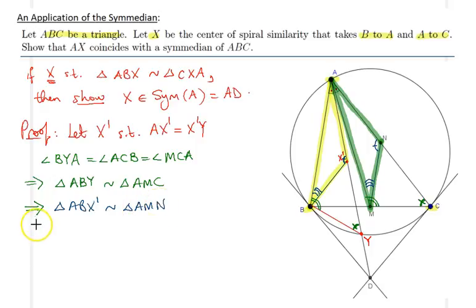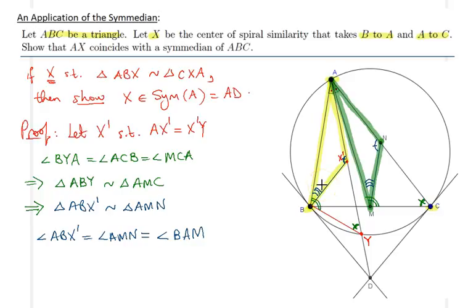And finally, observe the following. We can observe that angle ABX prime is equal to angle AMN by this similarity that we just claimed. And angle AMN is simply equal to angle BAM. And let's see if you guys can see why. Why would AMN be equal to BAM?